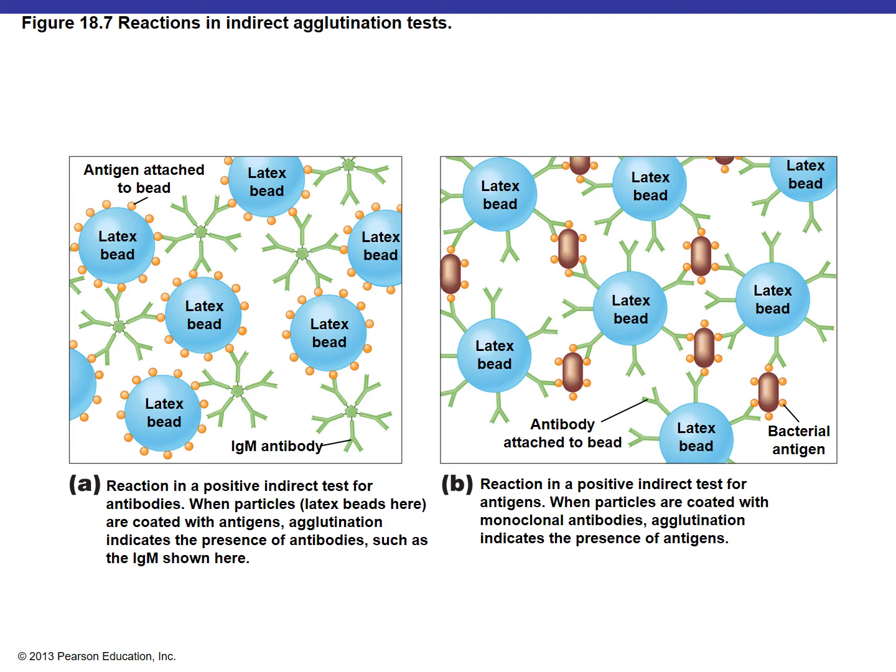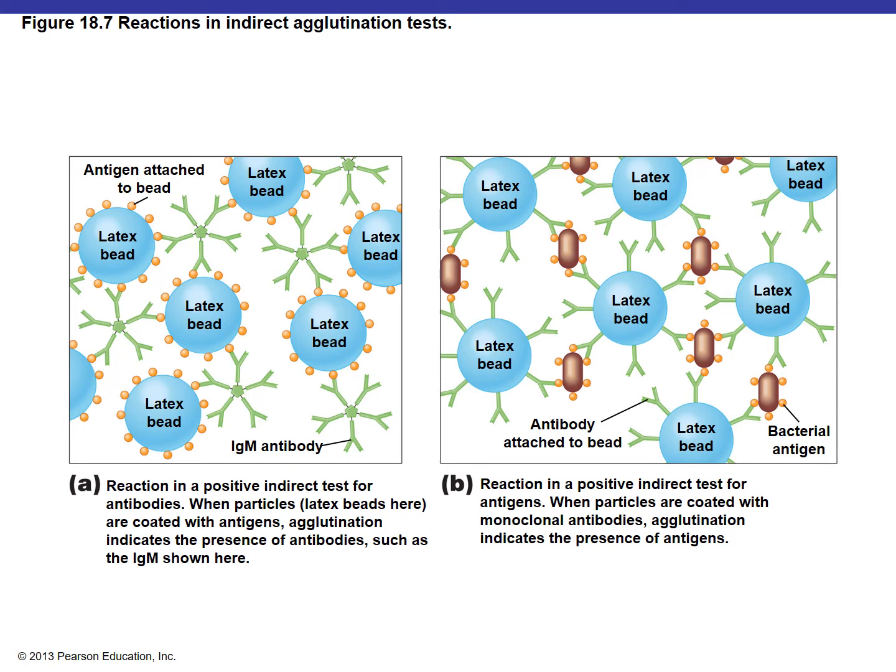Another type of agglutination reaction that you could do would be where, instead of the antigen bound to the latex beads, you have antibody bound to the latex beads, and you are trying to detect the antigen. So in the first part of this figure, you would be trying to detect antibodies from the patient.